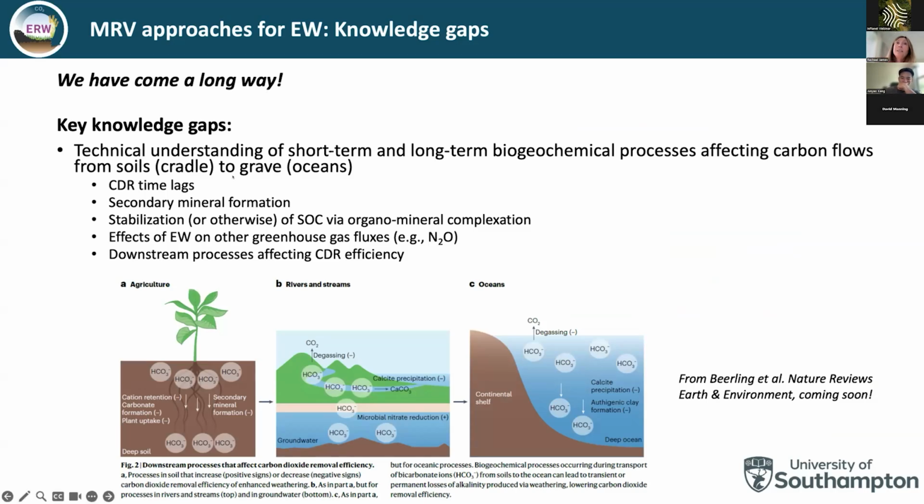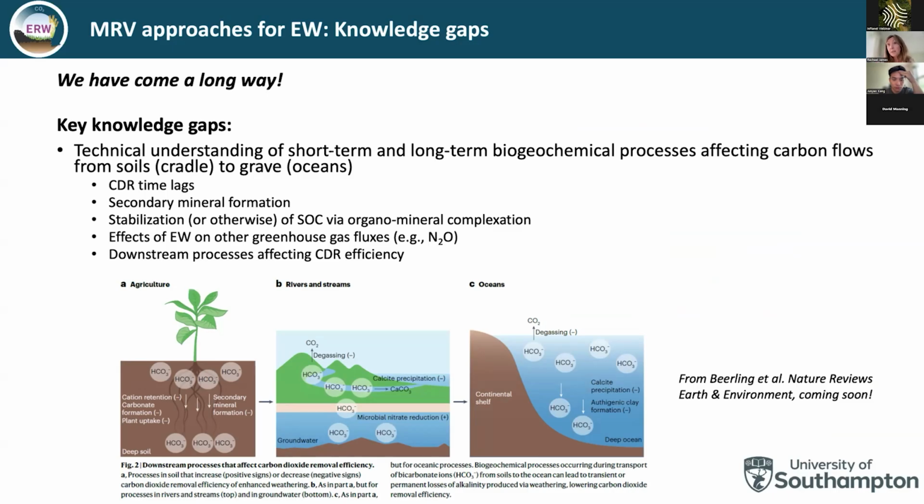So what we definitely need is a better technical understanding of the short-term and long-term biogeochemical processes that affect carbon flows from the soils, which is the cradle, to the grave, which ultimately is the oceans. We need a better understanding of those time lags that I talked about due to cation exchange, secondary mineral formation, stabilization or otherwise of soil organic carbon due to mineral complexation, and effects of enhanced weathering on other greenhouse gas fluxes as well.